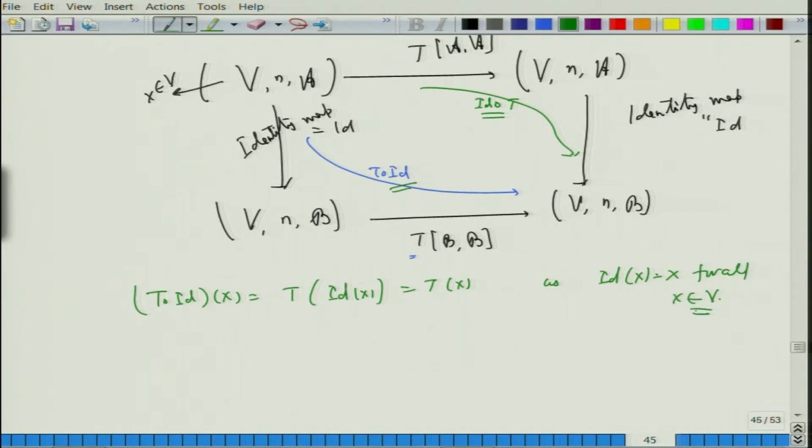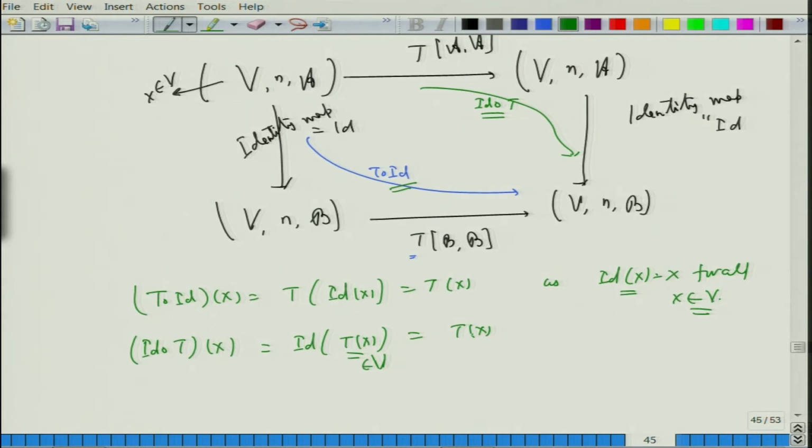All right. If I want to look at identity composed with T of x, then this is equal to identity of Tx. But what is Tx? Tx is an element of V itself. Since Tx is an element of V itself and identity does not do anything to it, it will give me Tx itself. All right.